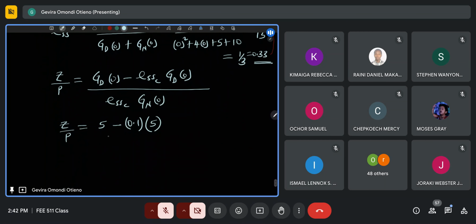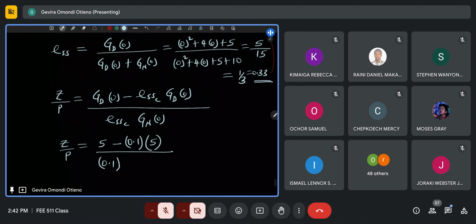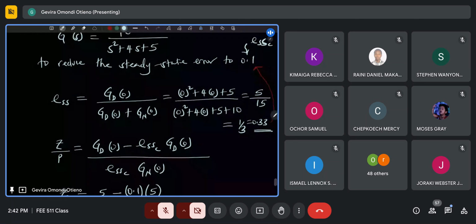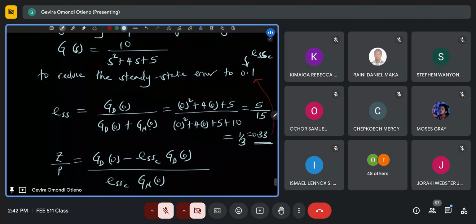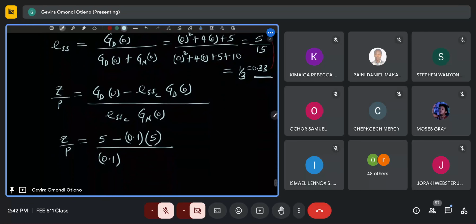Divide by the compensated value expected to be 0.1, and GN of 0, when we took the numerator, was 10. If you solve this, you get 5 minus 0.5, which should be 4.5, over 1. So the value here should be 4.5.